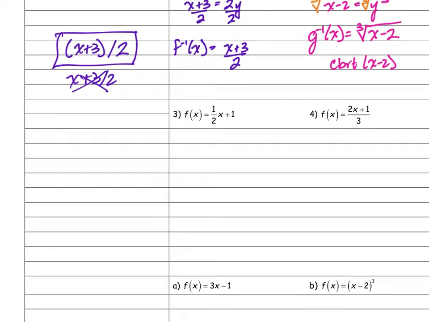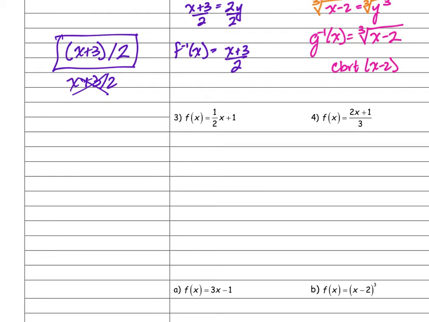And now we're going to do some with some fractions in it, because we all know how you guys love fractions. But I'm going to do exactly the same thing. Okay, so I'm going to rewrite it with a y. So I've got y equals 1/2 x plus 1. Switch my x and my y. So I've got x equals 1/2 y plus 1.